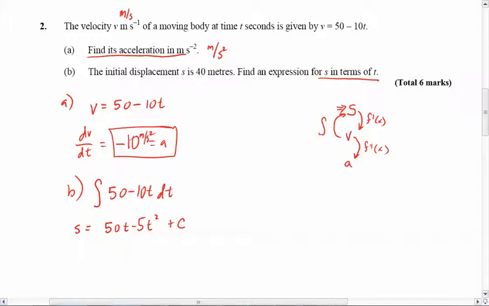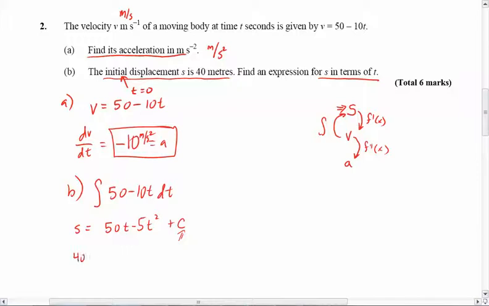Now it did say in terms of t, not in terms of t and c, which means there's got to be some way that I can figure out what this is. Here it says the initial displacement s is 40 meters. So initial refers to the fact that time is 0. That's the beginning. So if the initial displacement is 40, I can put 40 in for s and 0 in for t.